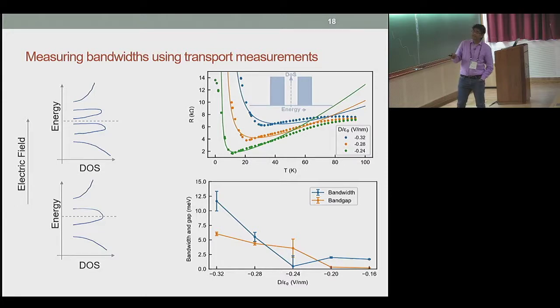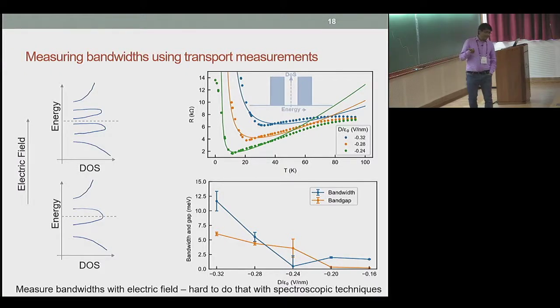So what you see is that as you increase the magnitude of the electric field, the bandwidth increases, and the band gap also increases. You can measure it. And the fact that you can measure these bandwidths using transport is convenient. Of course, it relies on positioning ourselves in a particular part of parameter space, but it is important. So over a small range of electric fields, we can go much larger. We can see that the bandwidth increases quite a bit.